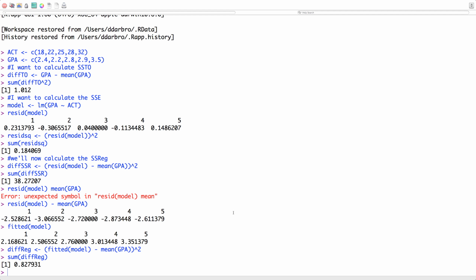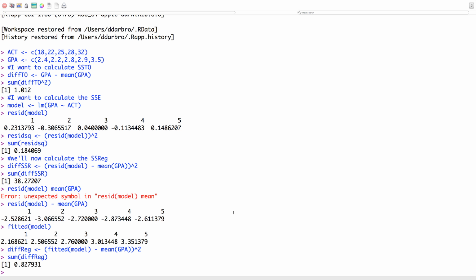Interesting. So I have the fitted values minus the mean. Then I want to square those. I get something way off. So again, the sum of squares for the regression is the predicted value minus the mean.